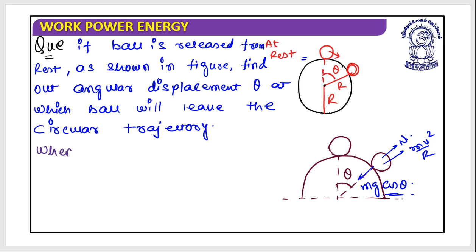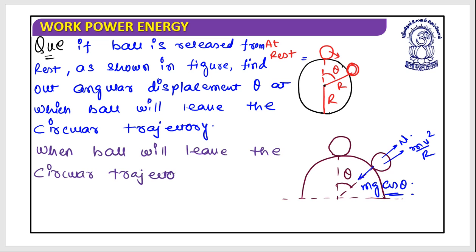When the ball will leave the circular trajectory, its normal force would be equal to 0.